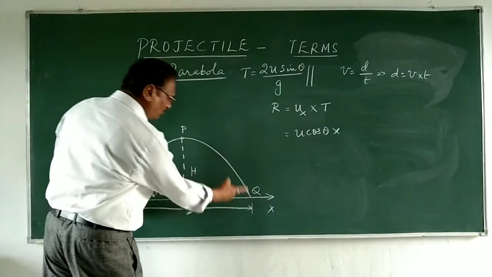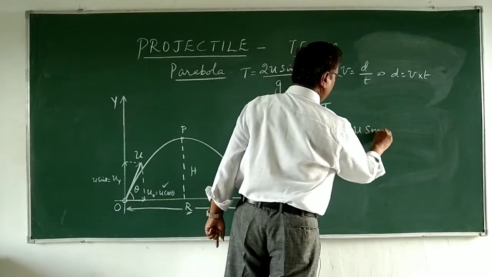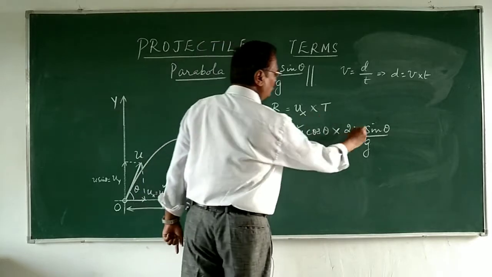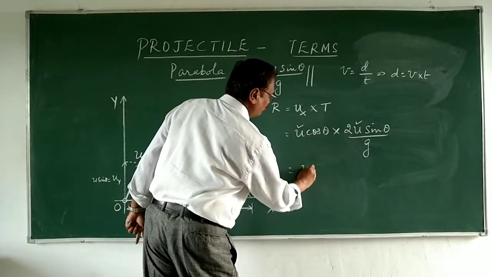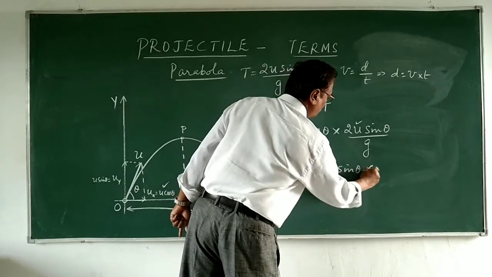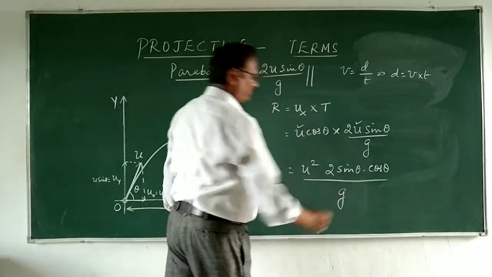The time of flight is 2u sine theta divided by g. Yes, u is there, that is u square, right? 2 sine theta into cos theta divided by g. Fine.